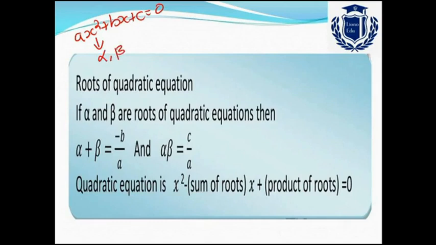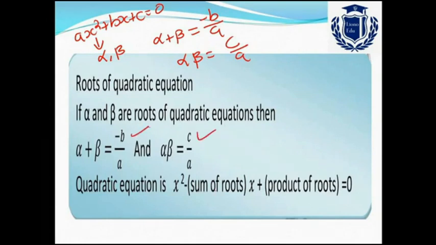If you add these solutions, alpha plus beta, that will be the same as minus b by a, where b is the coefficient of x and a is the coefficient of x square. And if you multiply the solutions, alpha into beta, it is the same as c by a. That is what you are given: alpha plus beta and alpha into beta.